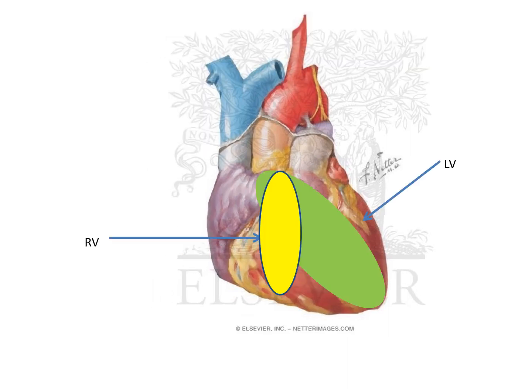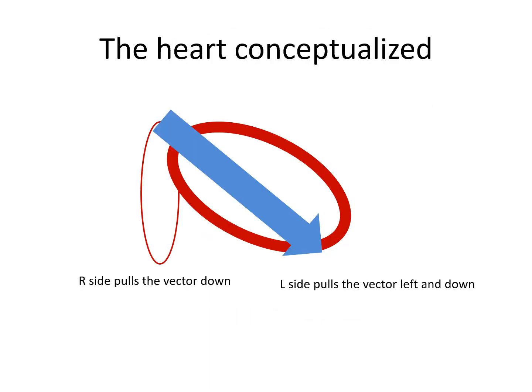So if we draw a diagram as to the orientation of the two chambers, we will see the RV standing in the front, pointing essentially vertically down, and then behind it we have the LV, which is pointing in a diagonal fashion downwards. So what does that mean?